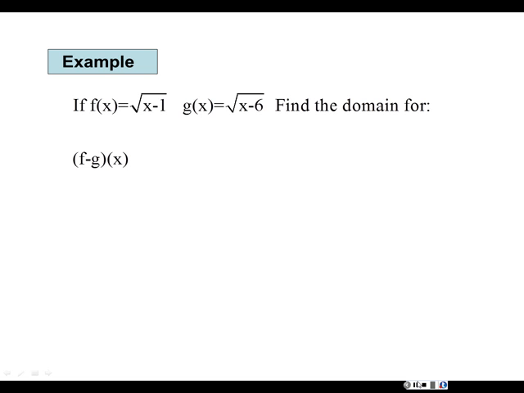Before even 1, none of these lines exist, right? So the valid starting point is 6. So your domain should start from 6 all the way to infinity, including 6. Because whenever you include 6, you'll get 0, which is okay, right? So the domain will be starting from 6, including 6, to all the way to infinity.